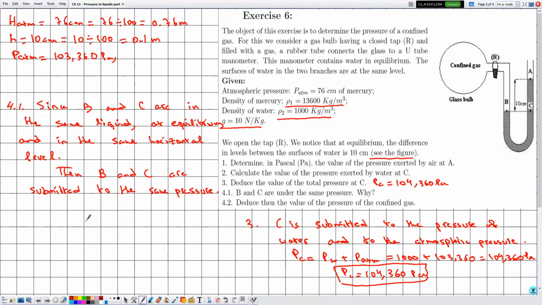So the pressure at the point B is equal to the pressure at the point C.